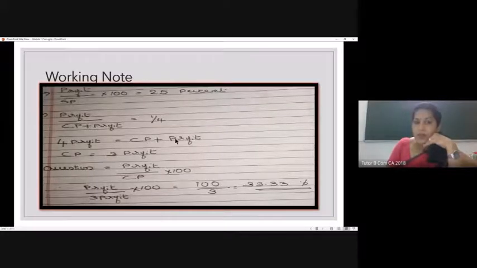So CP, I've taken this profit to the left side. So 4P minus profit gives me this. CP is equal to, that is, cost price is equal to 3 profit. Right. Now in our question, the question is profit by CP into 100. What is the percentage? That's the question which we need to answer.